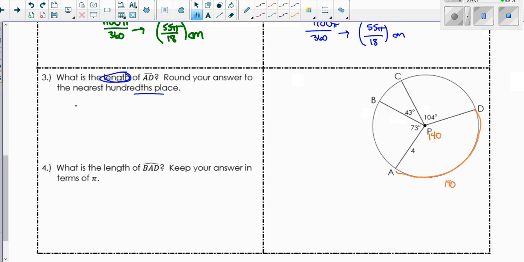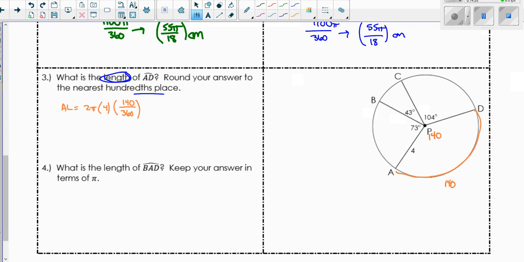Okay, so my arc length is equal to 2 pi times my radius, which is 4, times 140 degrees out of 360. So again, circumference would be the total distance around, but I just want the length from A to D. Okay, I'm going to put that in my calculator since I'm giving an approximate answer.